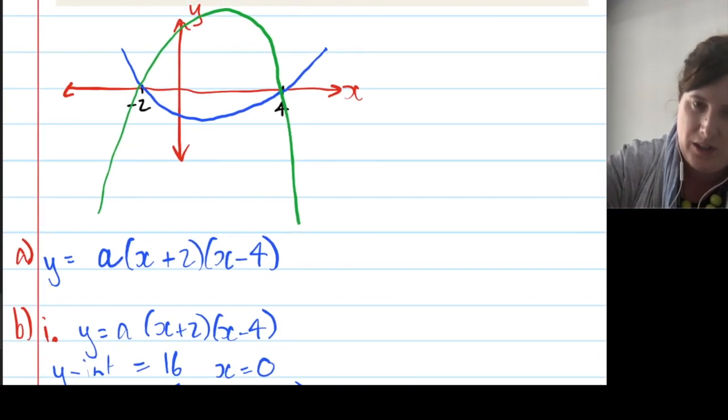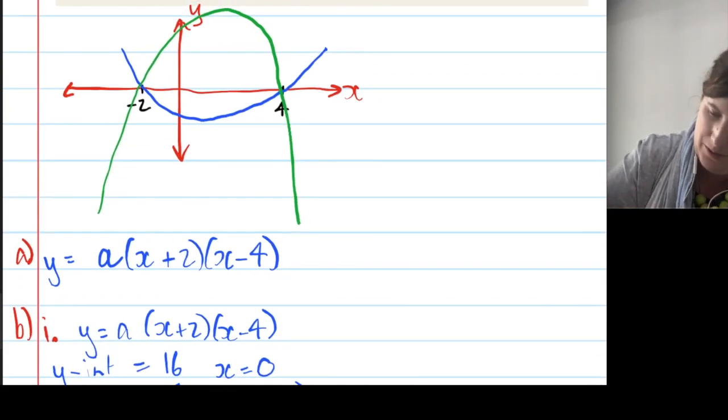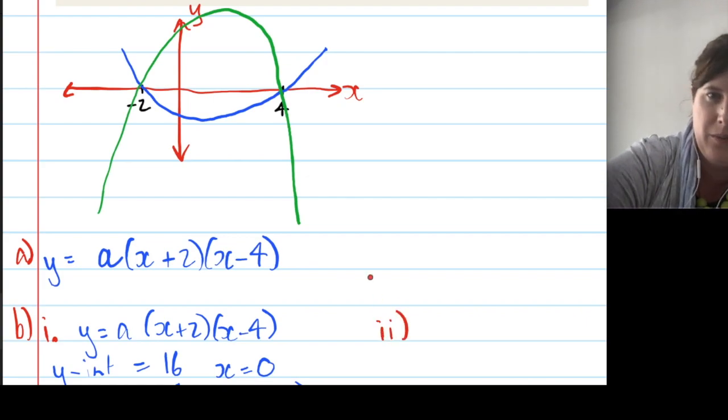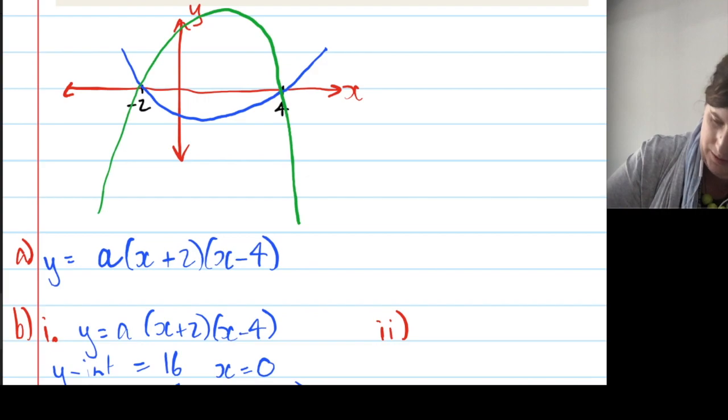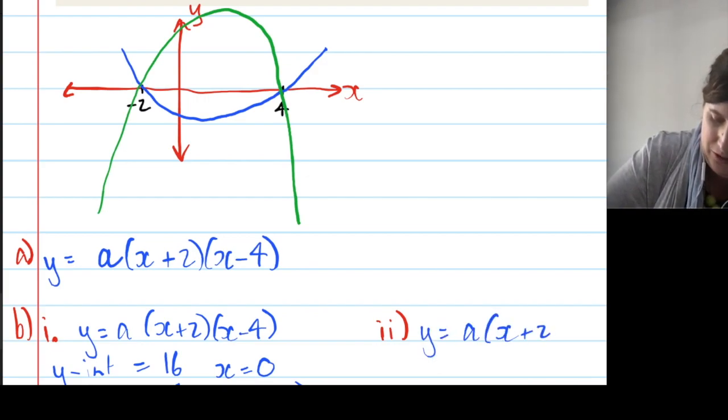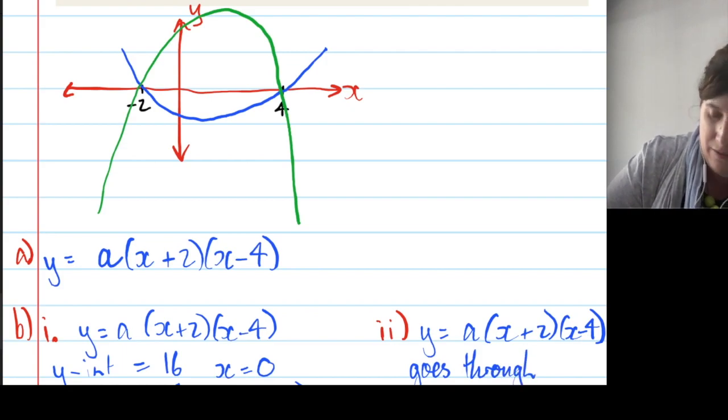Okay, question II says it passes through the point, so I've got my y equals a outside of x plus 2, x take 4, and it goes through 5, 1.